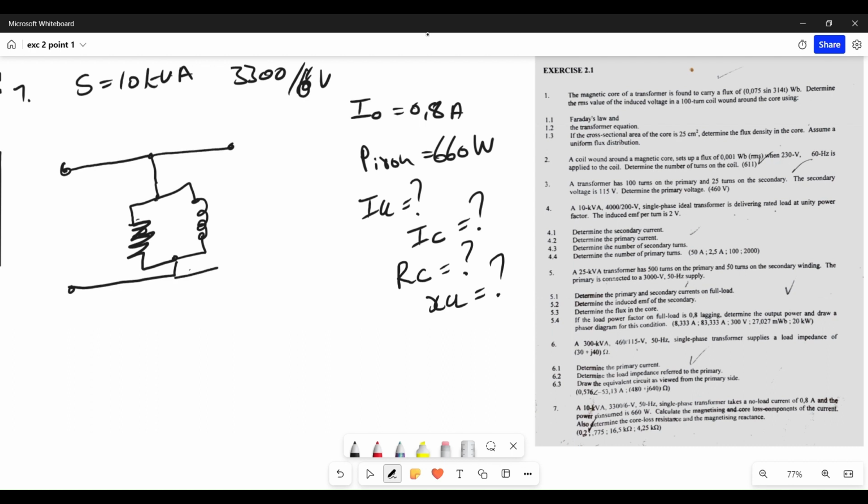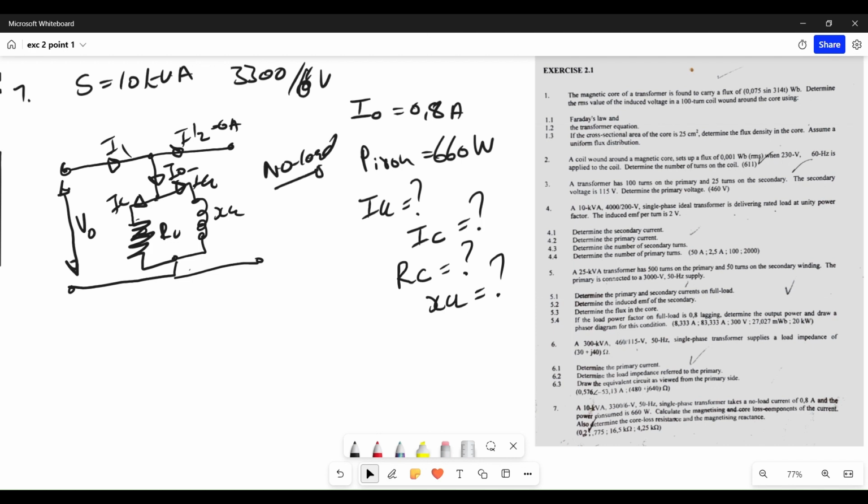It's like this: this is X mu, this is R c, here is I c, here is I mu, this is I0, this is I1, and this is I prime 2, which is equal to 0 amperes. Then the voltage across this is V0, because this is on no load.